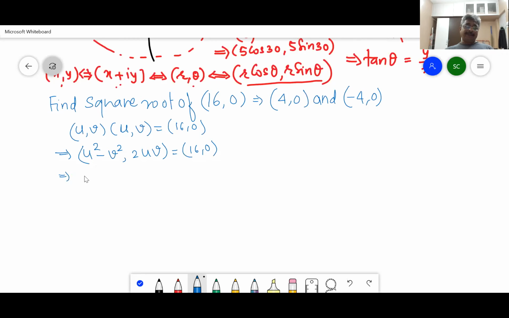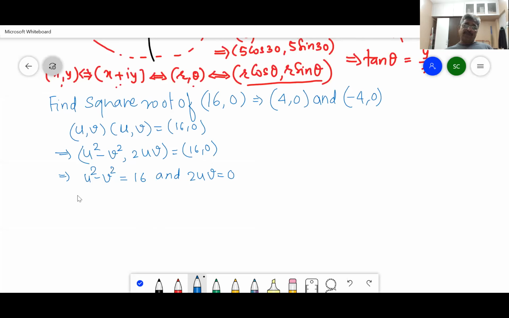Which implies u square minus v square should be equal to 16 and 2uv should be equal to 0. Correct? Now we are in real numbers. We finished complex numbers because we have removed this ordered pair notation.